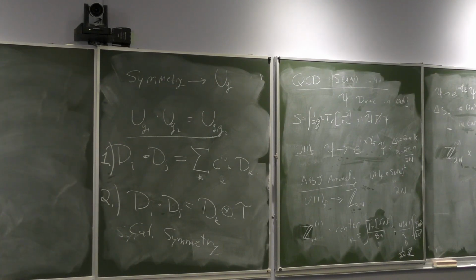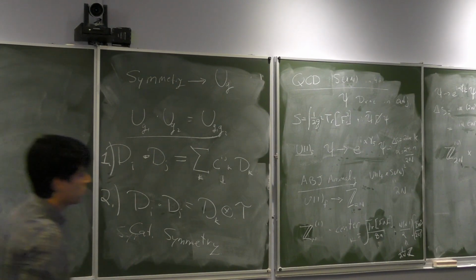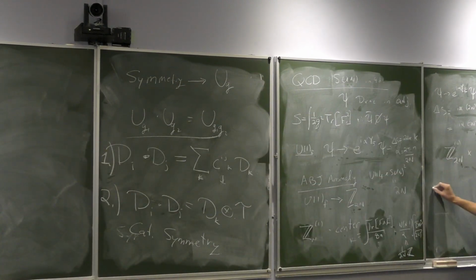So this anomaly can be written in terms of a six-dimensional polynomial. So the anomaly is now, of course, little f, which is the field strength for this Z_2n gauge field, and then it's wedge B2, wedge B2, up to some coefficient.